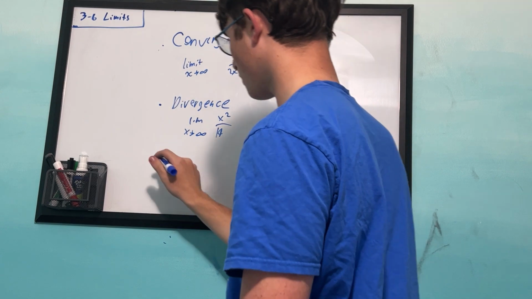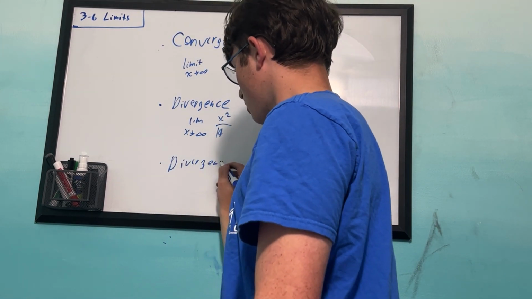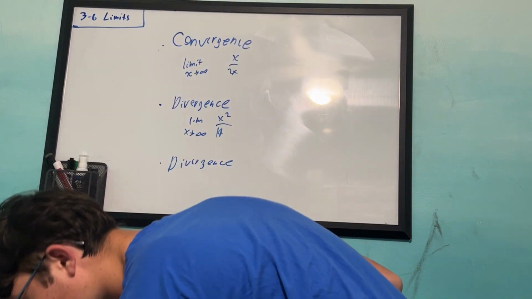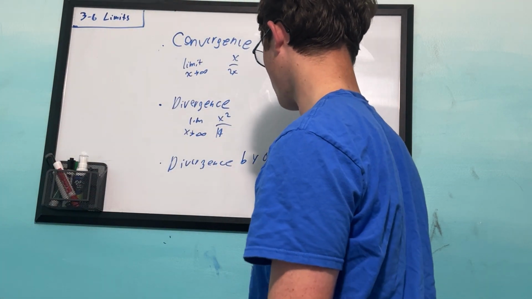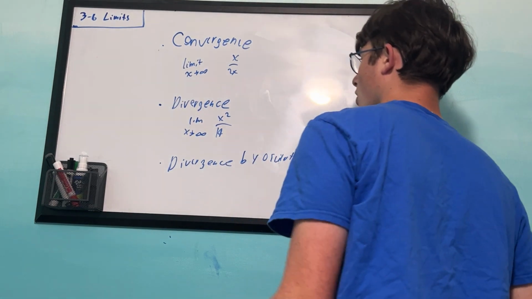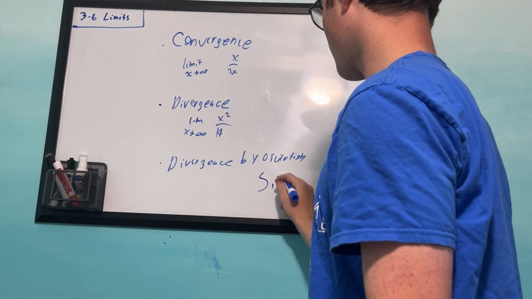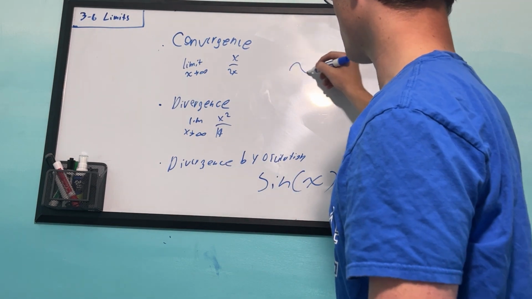And then there's divergence by oscillation. We have not covered this yet in the video. An example would be sine of x. It's always just going up and down and up and down.